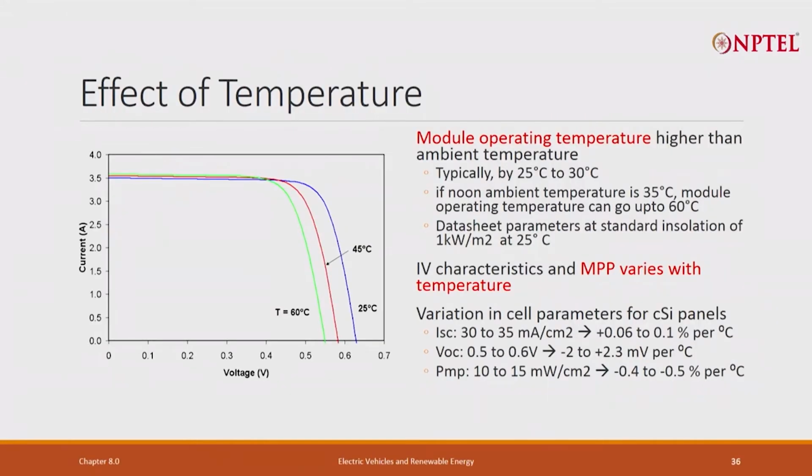The other very important point is the effect of temperature. I am now showing this on a cell, the same thing will be applicable to modules. All cells are defined at 25 degrees centigrade. As you increase the temperature, this curve shifts: 25 to 30 to 35, 45, it shifts, at 60 it falls.